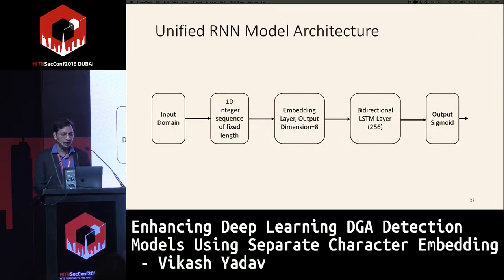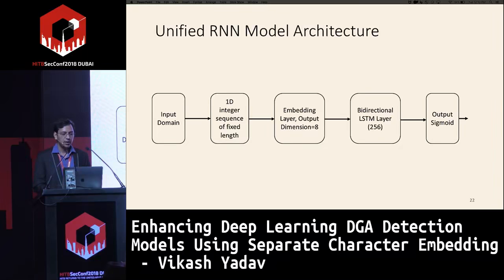Coming back to the unified architecture, as I explained all the different sections, the input is the domain name. We pre-process this input into a one-dimensional integer sequence because the machine learning model only accepts fixed-size integer sequences. The embedding layer converts it to a more meaningful input space.